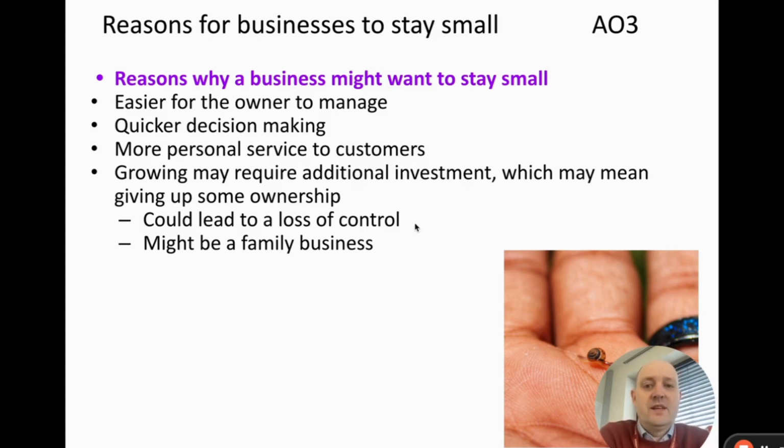This, in theory, is going to lead to a loss of control. And if it's like a small family business, then they're not necessarily going to want to give up control of the business. So this is where the business has to decide, if we want to grow quickly, we probably have to give up some control, or we can stay the size we are and just grow slowly, or just keep it as it is. And so that's a decision that different businesses will make in different ways.